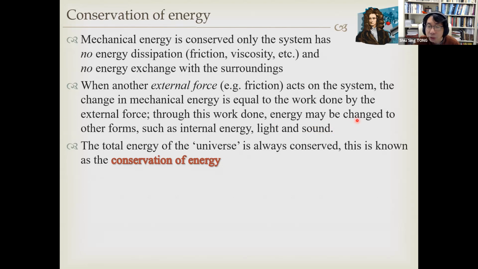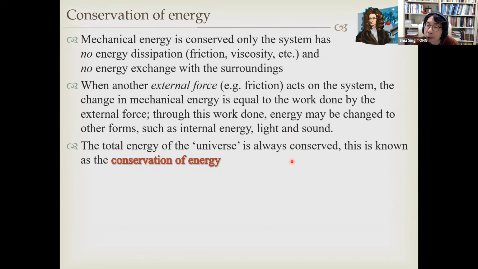And so the energy will be lost. But we know that from the principle of conservation of energy, the energy will not disappear. It will only change to other forms. Those other forms include internal energy, light and sound. If frictional force dissipates the energy, or if a collision dissipates the energy, it may go to the internal energy of the system, and in some special cases, it may go to light or sound.